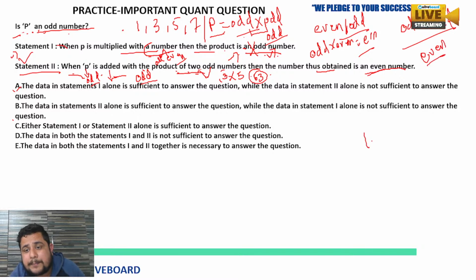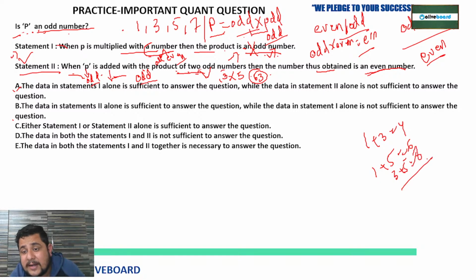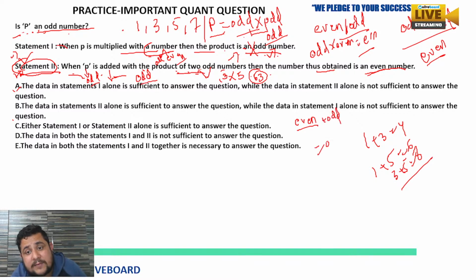For example, 1 plus 3, 4; 1 plus 5, 6; 3 plus 5, 8. We are getting an even number. So definitely in case of statement two, we can say that P is an odd number. Because if we assume that P is an even number, then even plus odd is equal to odd.